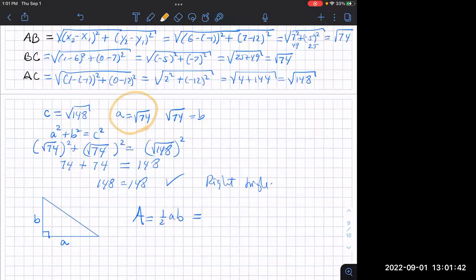So in this case, area equals half of square root of 74 times square root of 74. Don't forget the square root.